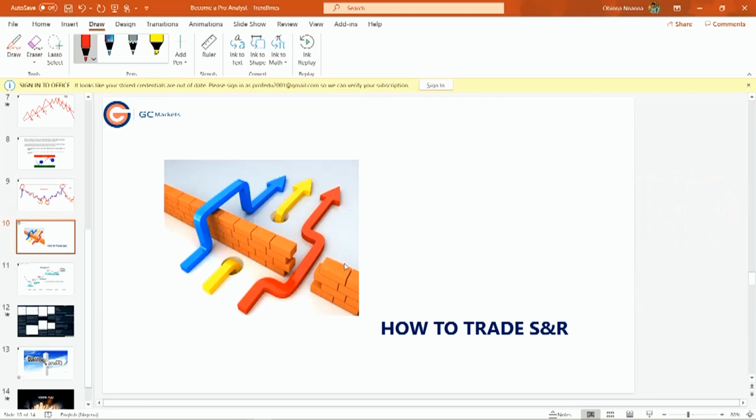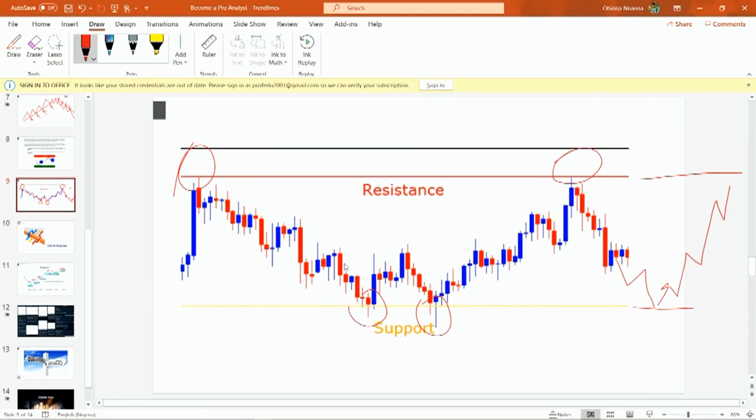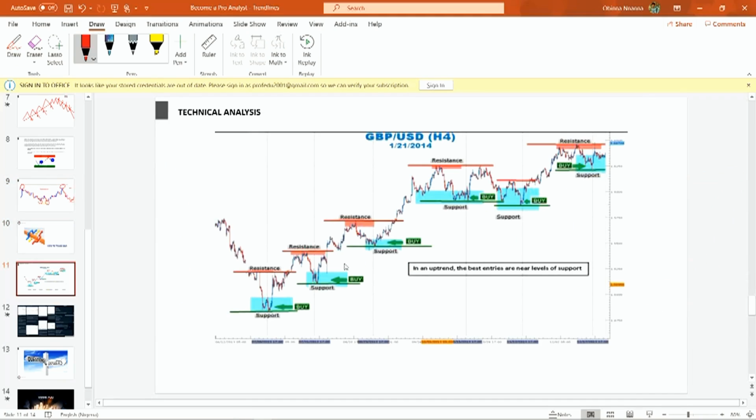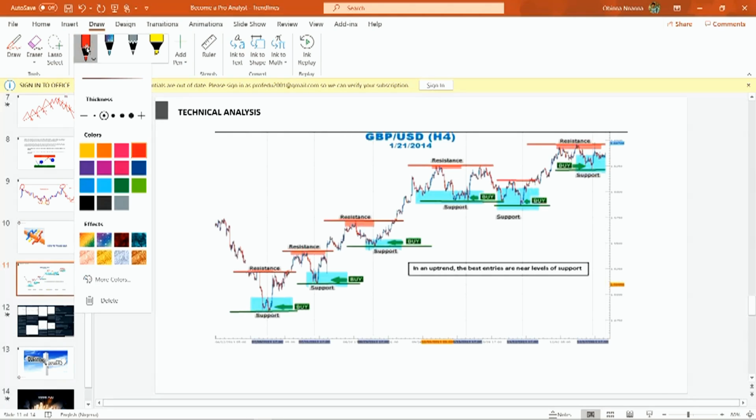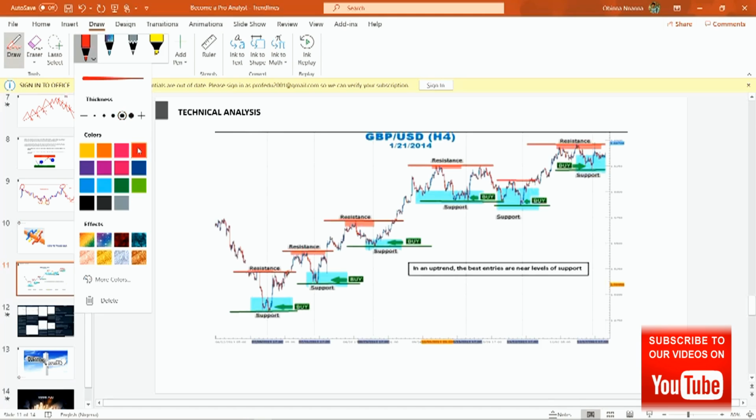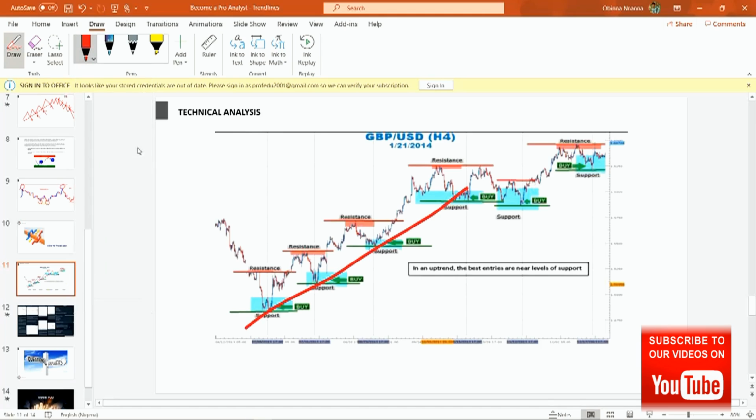So if I use this example, I don't know if you'd see what I'm trying to draw, but if I draw on my screen here, you could see the market is heading higher.